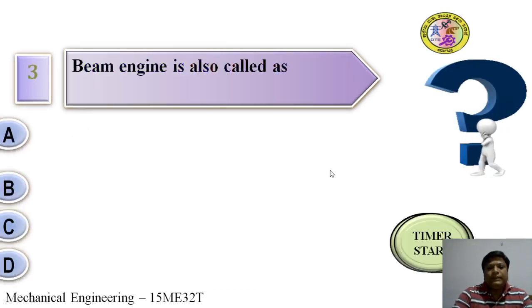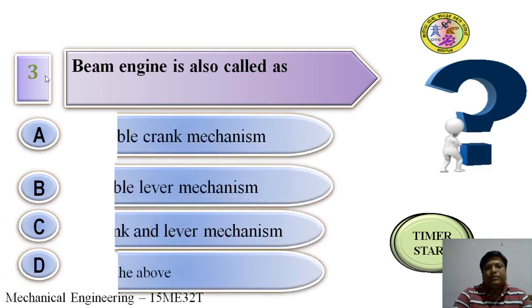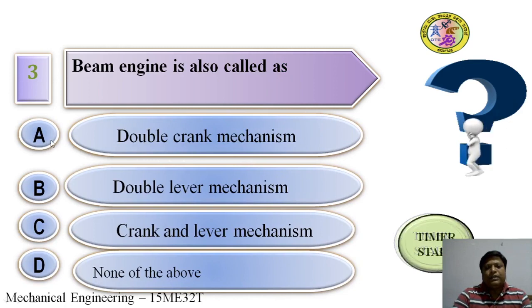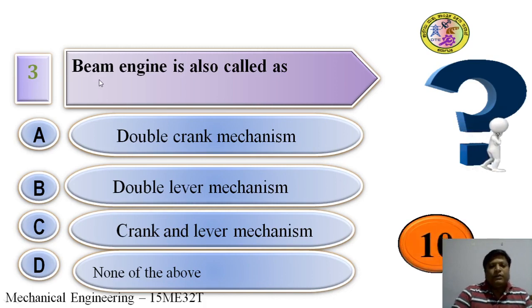Question number 3: the beam engine is also called option A, double crank mechanism, option B, double lever mechanism, option C, crank and lever mechanism, option D, none of the above. We can recall the previous slide, where I explained the beam engine. Its purpose is to convert rotary motion into reciprocating motion.